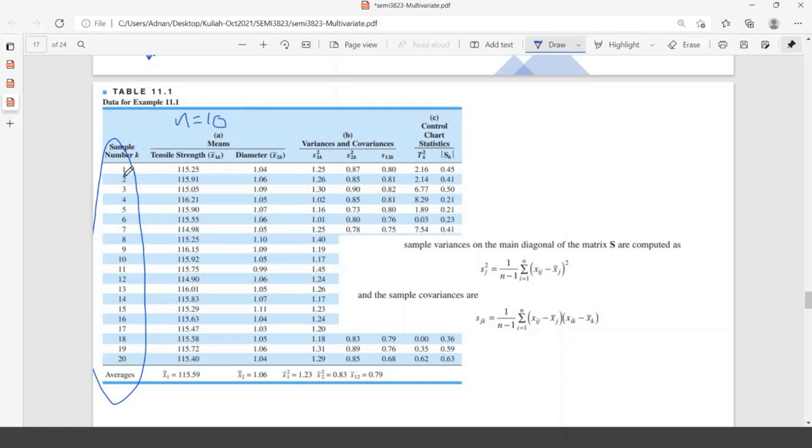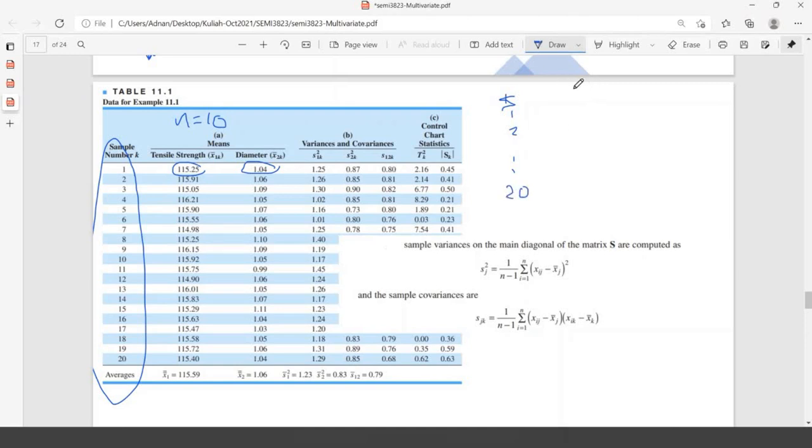The tensile strength for subgroup 1 is the average. This is already the average, 115, and diameter is the average diameter from the 10 samples. Let's say this is sample K: K number 1, K number 2, until K20.